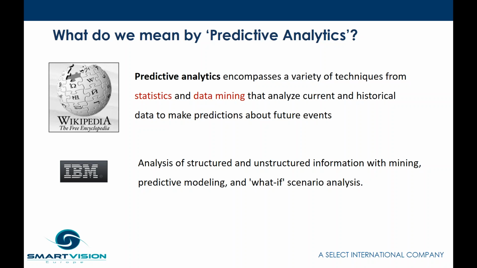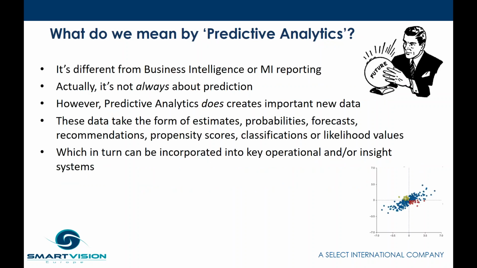I think in both situations here, it's hard to come up with a single snappy definition of predictive analytics, which is why at Smart Vision we tend to break it down into different bullet points. The first thing we say is that predictive analytics is not like business intelligence or MI, management information reporting. It's different from that. It's not so much focused on simply describing variation and reporting that back.